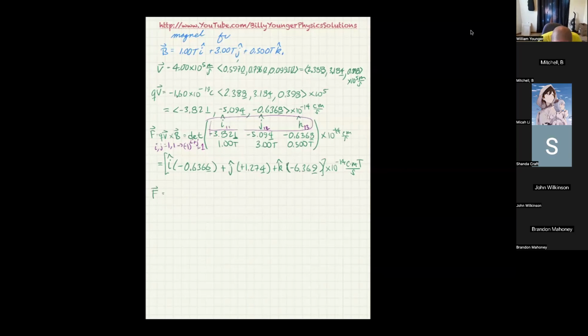Our answer will be negative 0.637 times 10 to the negative 14th newtons I hat plus 1.27 times 10 to the negative 14th newtons J hat minus 6.37 times 10 to the negative 14th newtons K hat. Anybody have any questions on that?